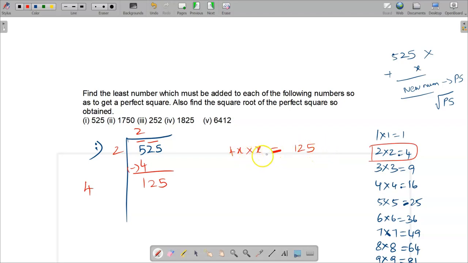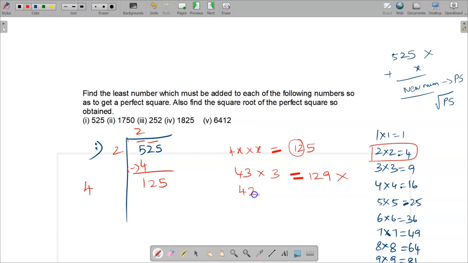It is a trial and error method. Let me first take x as 3: 3 3s are 9, 4 3s are 12, so 129. 129 is bigger, so I cannot take x as 3.